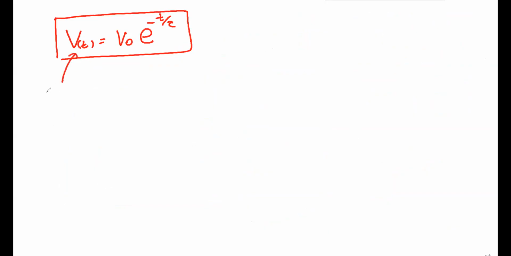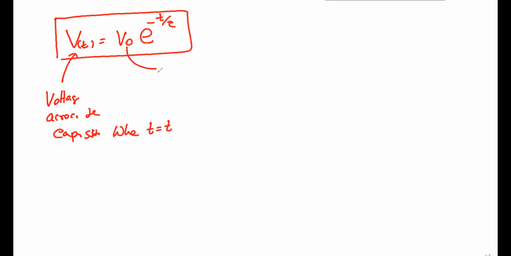V(t) is equal to V naught e to the power minus t over tau. So this is the equation. This V(t) is the voltage across the capacitor when time is equal to t, for any time.